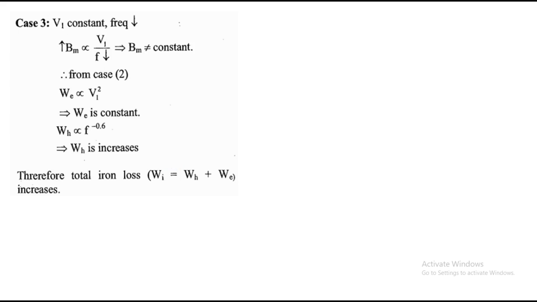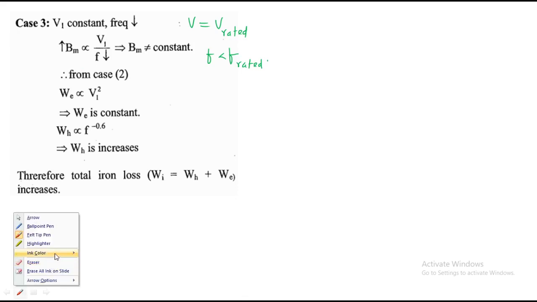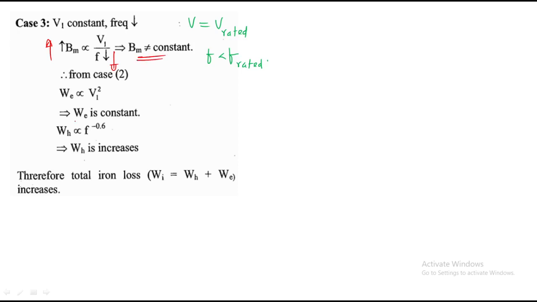Next, case 3. If V equals V rated and F is less than F rated, the frequency is reduced and B max is increased. That's why B max is not constant. In that case, eddy current loss is proportional to voltage only.